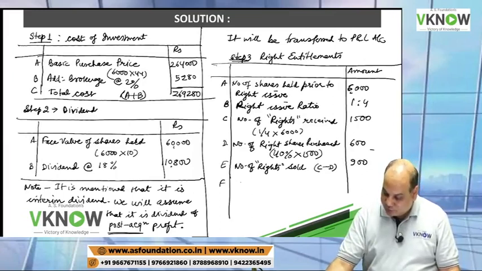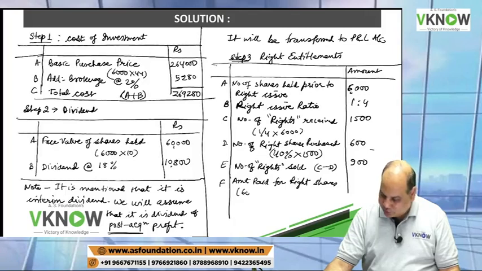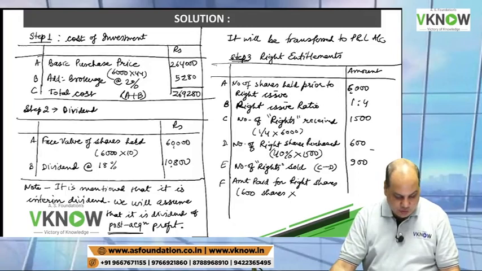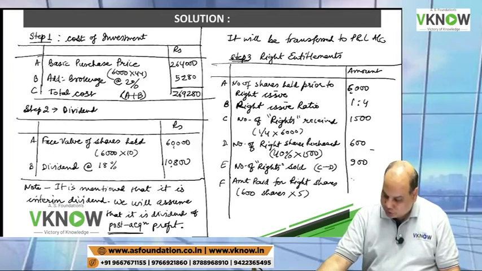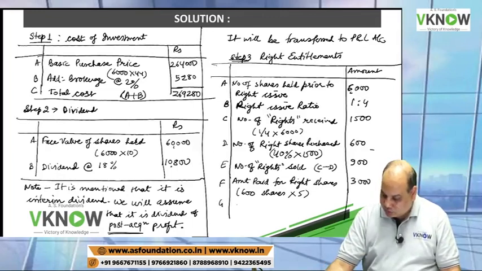Point number F, write down: amount paid for right shares. You have purchased 600 shares. If you purchase right shares, you have to pay 5 rupees per share. That comes to 3,000. And sale proceeds of rights.